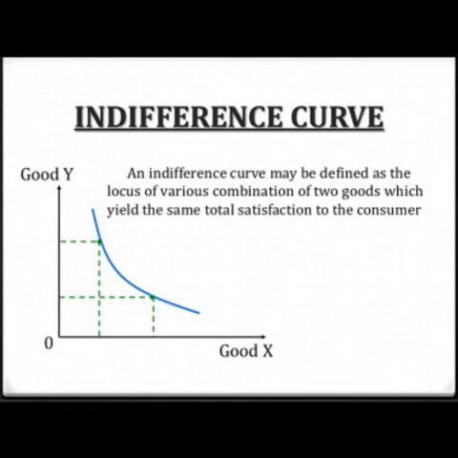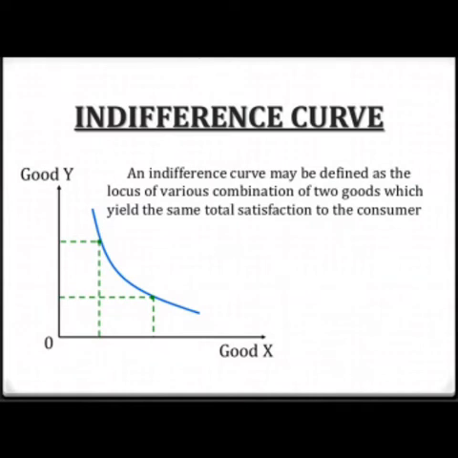So, an indifference curve is a graph which shows all combinations of two goods, say X and Y, that give equal satisfaction to the consumer. Because of equal satisfaction, the consumer is indifferent among the various combinations on an indifference curve.